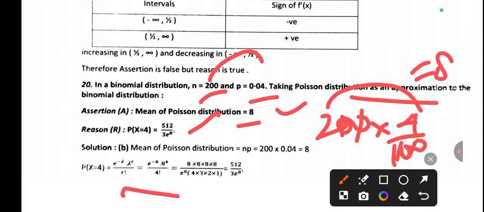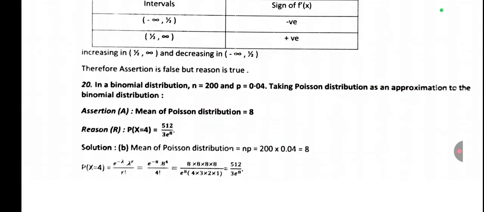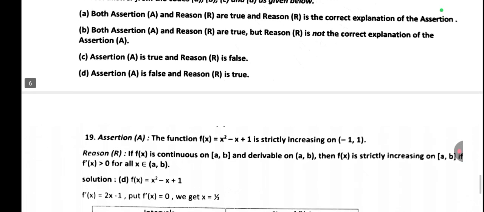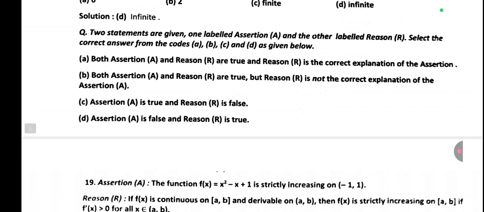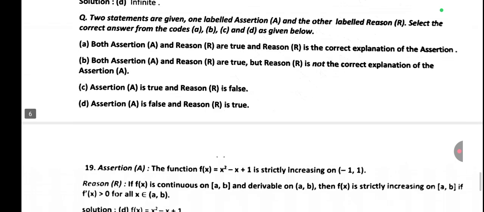Even when we applied the formula P of x equal to 4, we get the answer 512 by e power 8. So both are correct, but the reason is not the correct explanation for the assertion. So both are true, option B I'm talking: both assertion and reason are true, but R is not the correct explanation.